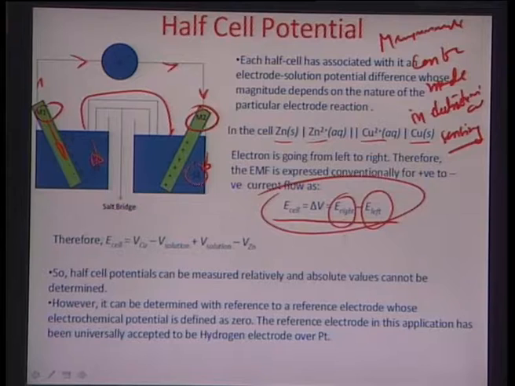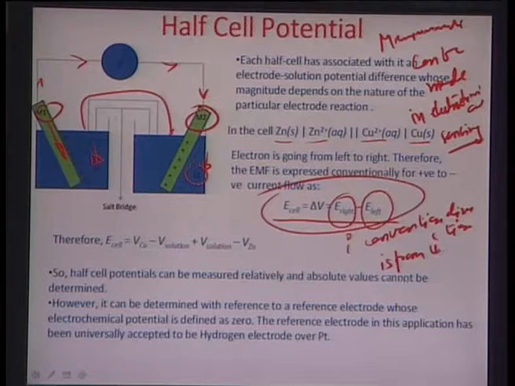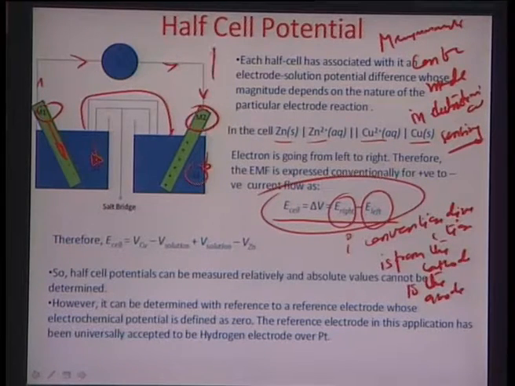This is because, as you know, current's conventional direction is from the cathode to the anode. In other words, the current really is going in this particular direction.